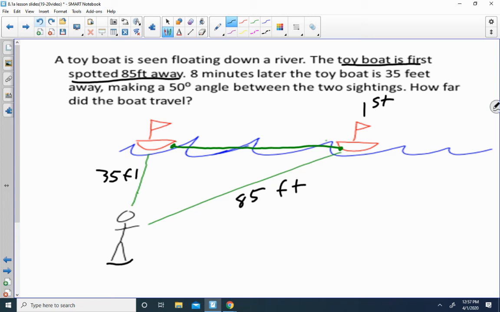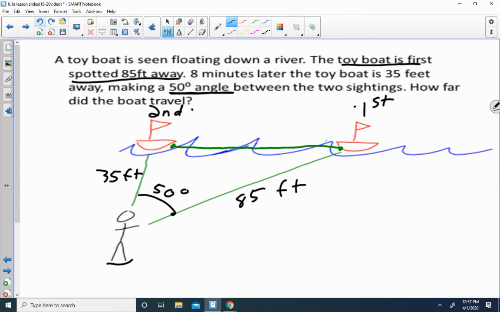And he deduces that the boat is now 35 feet away. And also, we are given that we have a 50-degree angle between the 2 sightings. So if this is the first sighting, this is the second sighting, that means from sighting 1 to sighting 2, there was a 50-degree angle between the 2 sightings.